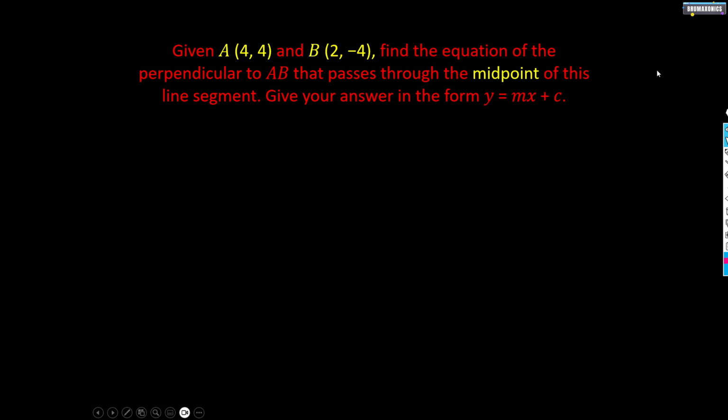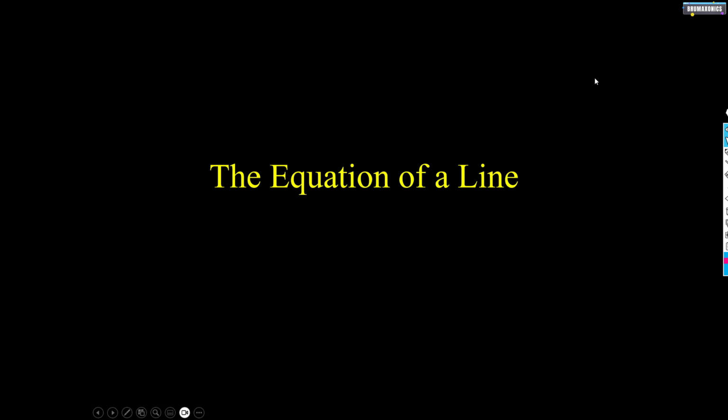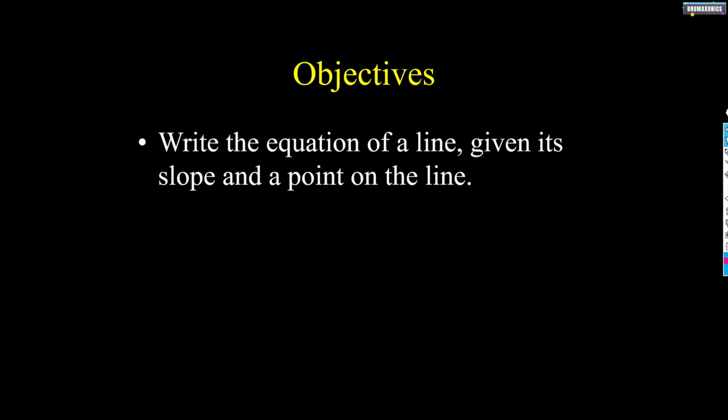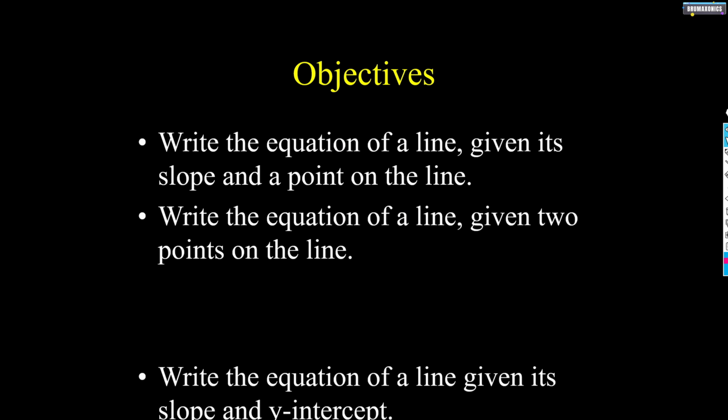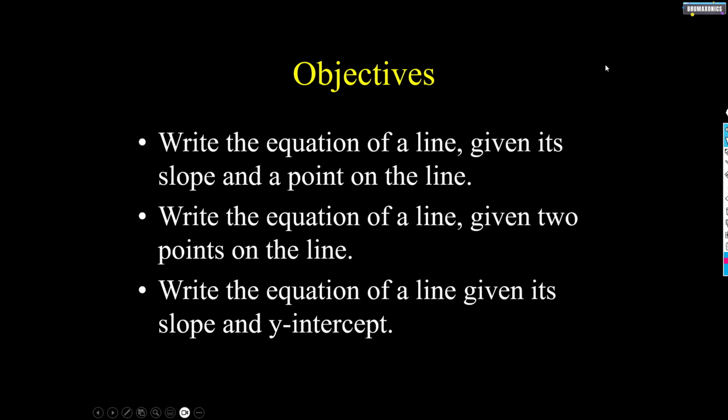So let's continue with the presentation, and now I'll be going through the possible questions that you might actually get in your exam, or maybe in your final exam this year, right? So the equation of a line with the following objectives: write the equation of a line given its slope and a point on the line. Write the equation of a line given 2 points on the line.